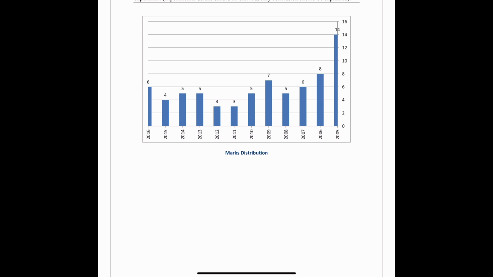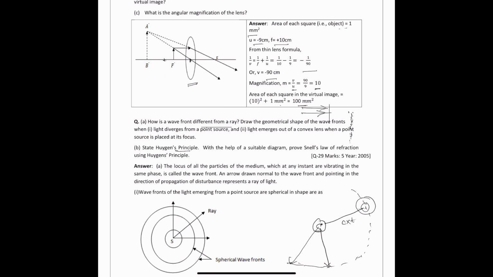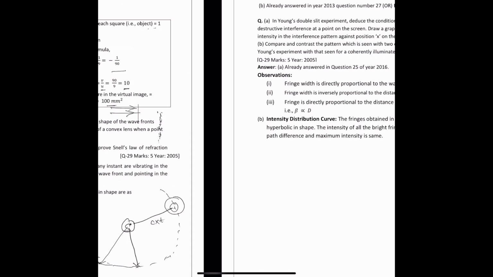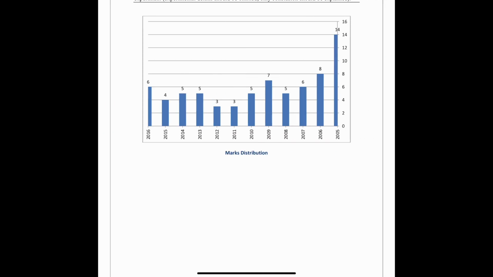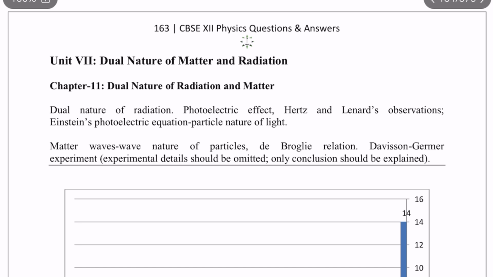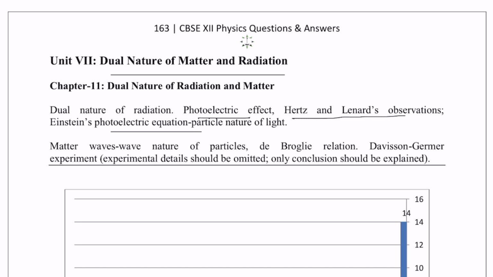So this actually finished our optical instruments, magnifying power and details of calculation. Okay. Now next class we will study dual nature of matter and radiation. Correct. So here photoelectric effect, Hertz and Lenard's observations, Einstein photoelectric equation, a very important equation, that we will discuss.